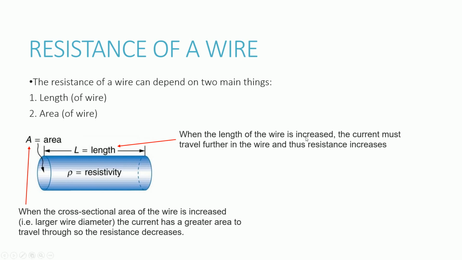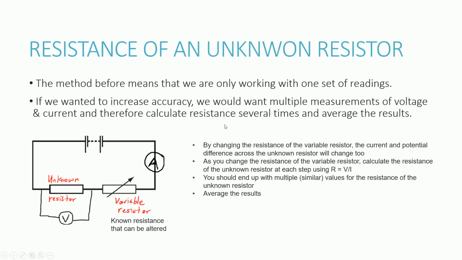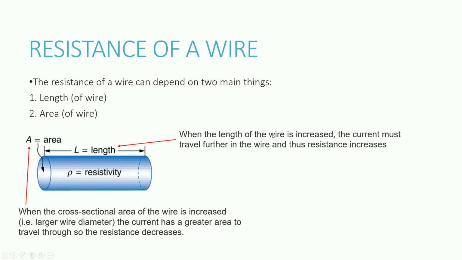If we take a look at the definition of resistance, remember, it's the measure of its opposition to the flow of electric current. So if the current has to travel more, then the opposition increases. Therefore, as the length increases inside a wire, the resistance is higher.